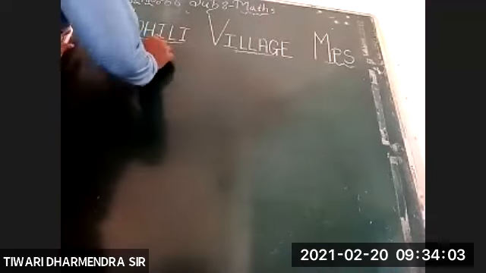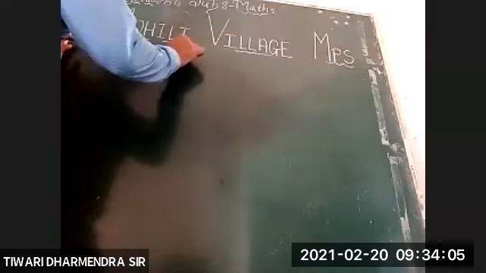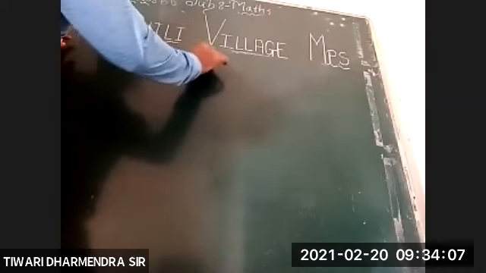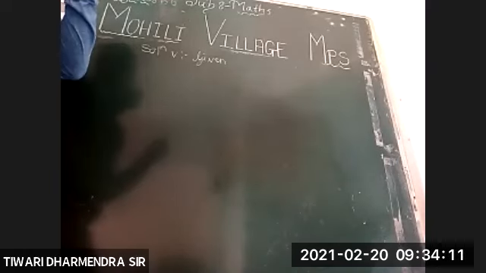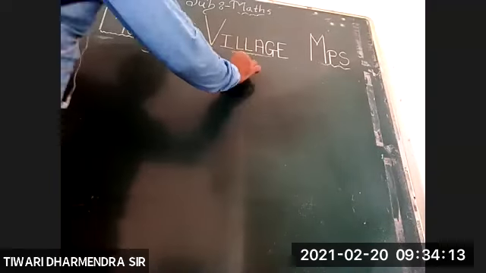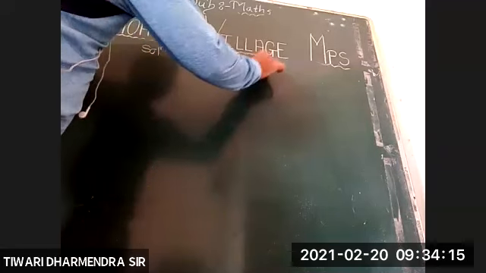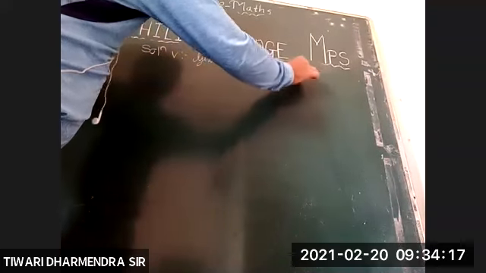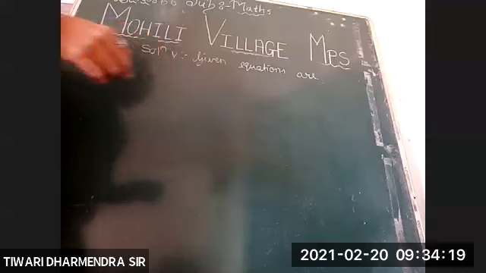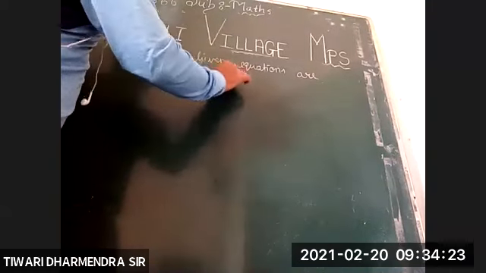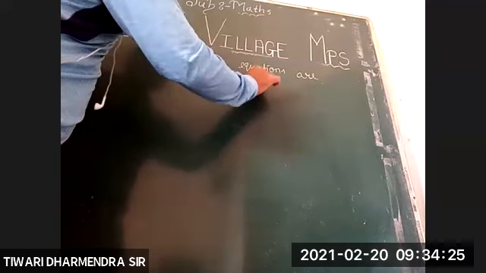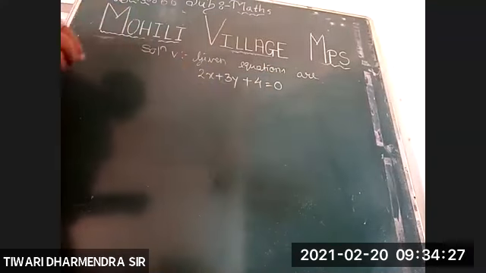Solution 5. The given equations are 2x plus 3y plus 4 is equal to 0.